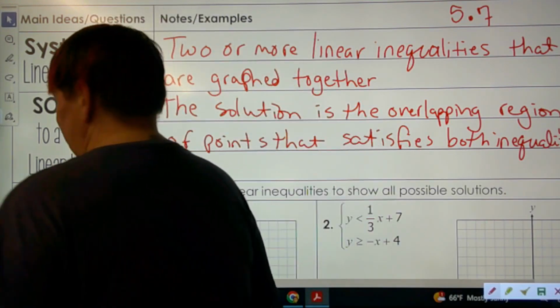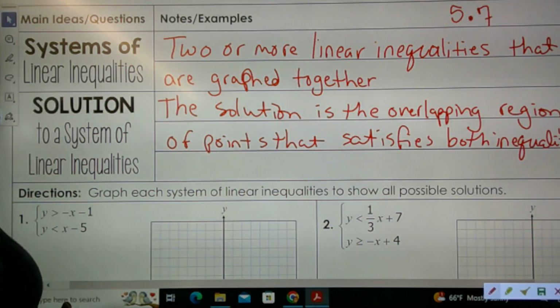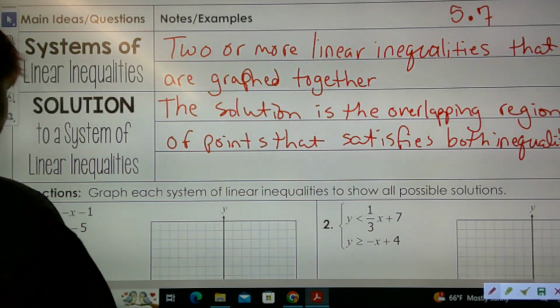So we're looking for the region that satisfies both inequalities. It has to make both equations true.